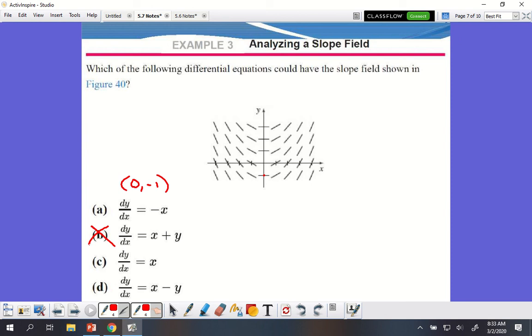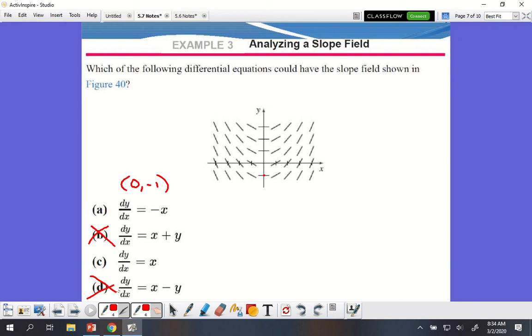Okay, how about for C? Does that still work? Okay. And what about for D? It'd be a positive one, but that one doesn't work, does it? Okay. So it looks like it's one of these two here.